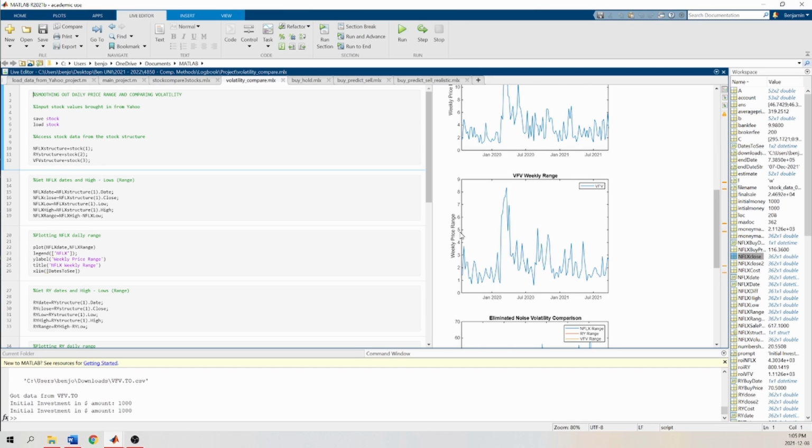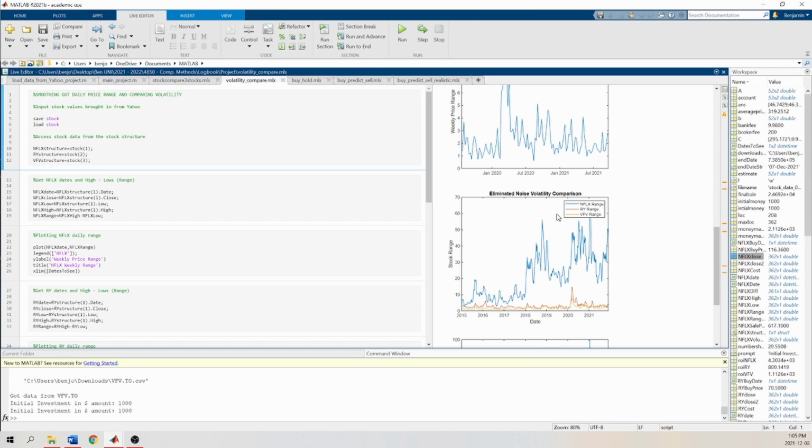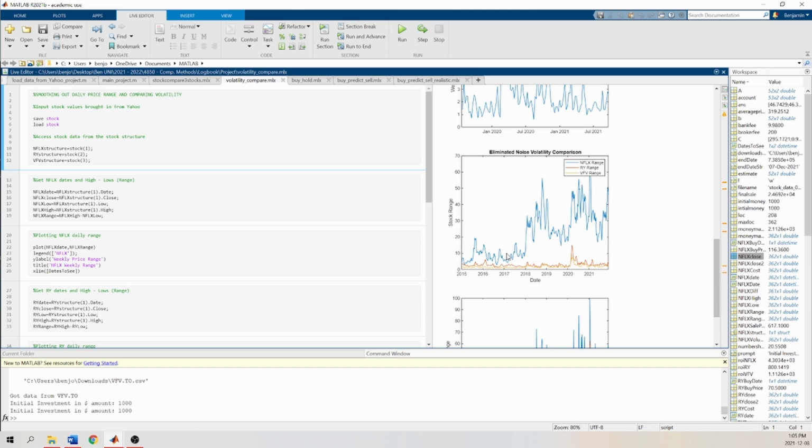Then I did just a little bit of filtering. So I filtered the three weekly ranges of each stock and then just kind of put them on a chart to compare to scale the difference in volatility. So you can see here again at the top we have the Netflix range, which is quite aggressive and very spiky, and lots of changes and dips and highs and lows.